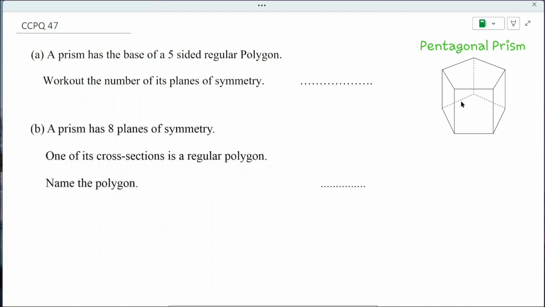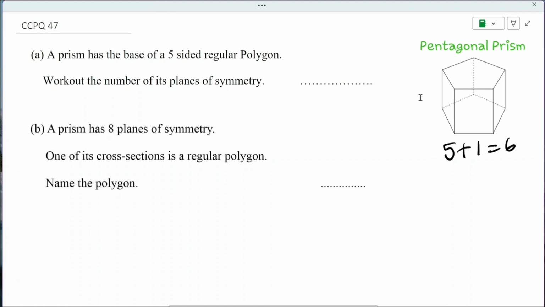Although its base is a 5-sided regular polygon, its planes of symmetry is not just 5. It's 5 plus 1. In details, part of the planes of symmetry of this shape being determined by the base is 5. Then you have an extra one, that's plus 1, which totals 6.